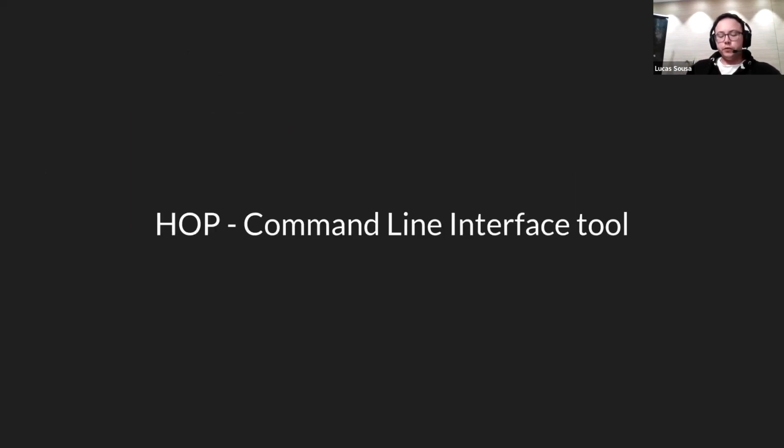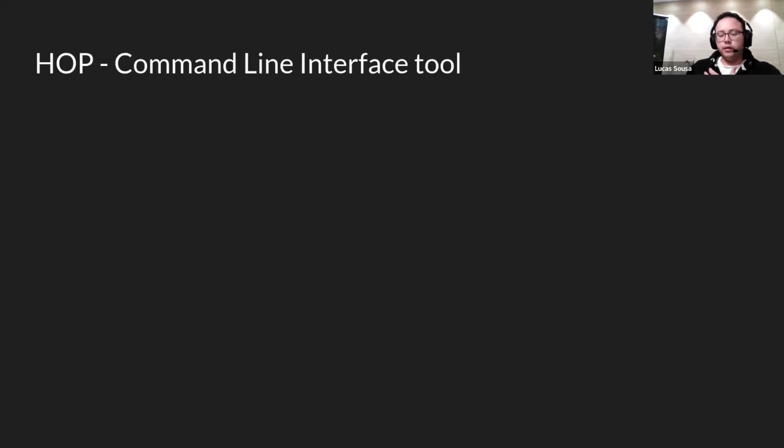So to provide all of this, we decided that we needed a tool that can both automate this and provide other utilities. And we came up with the Hop command line interface tool, which is just a CLI tool written in Babashka.